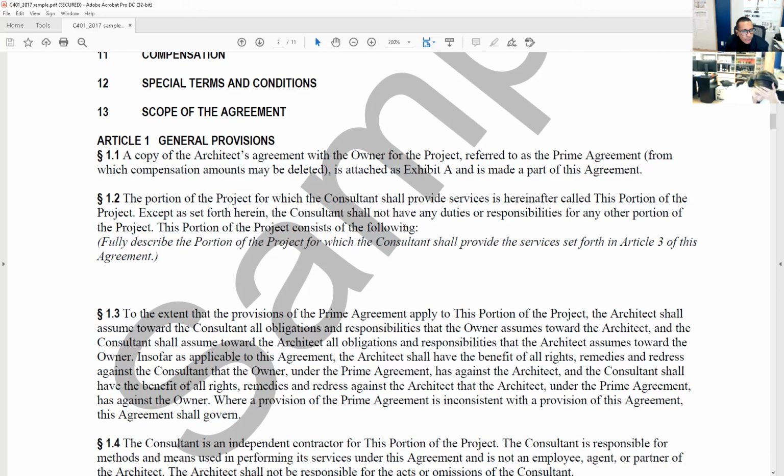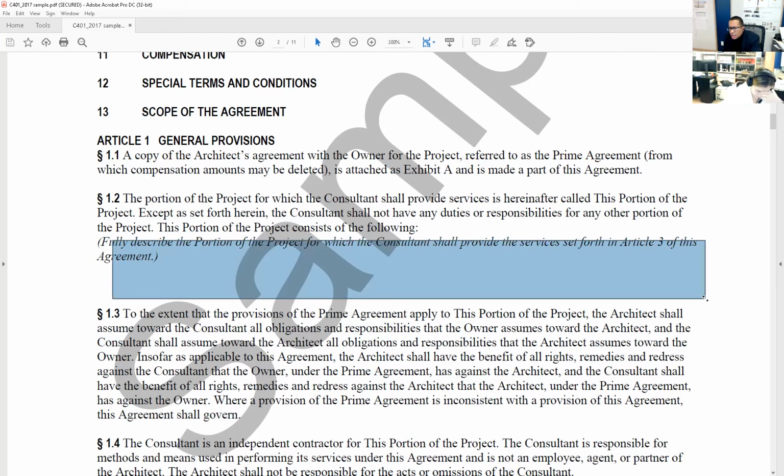Except as set forth herein, the consultant shall not have any duties or responsibilities for any other portion of the project. This portion of the project consists of the following, and they talk about what their portion of the work will be. Maybe something like structural engineering for the project, right? Mechanical engineering for the project, or some sort of inclusive or general description.